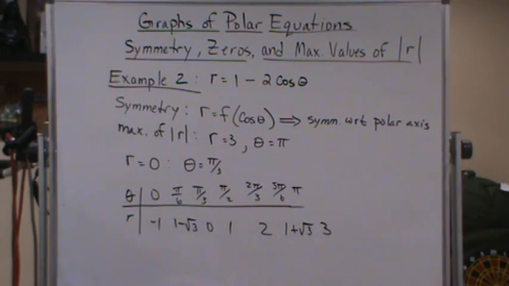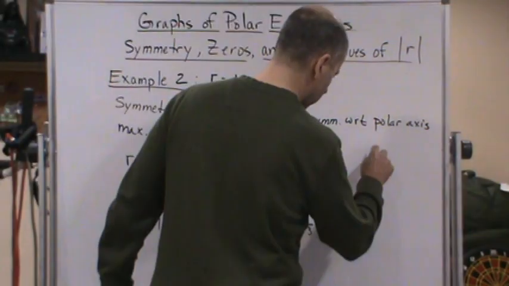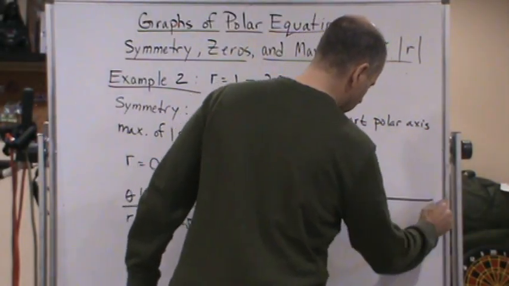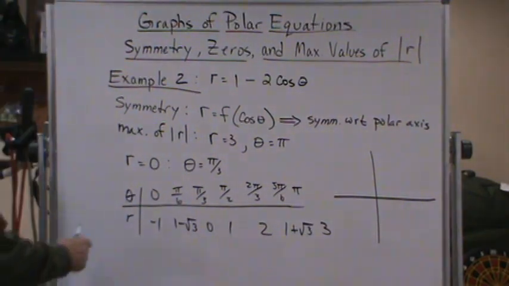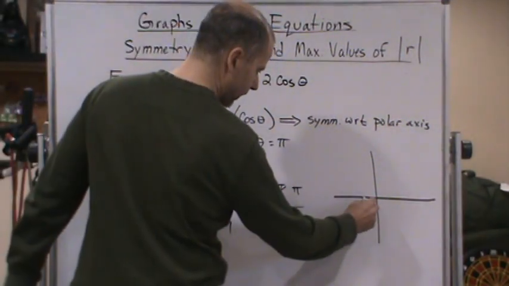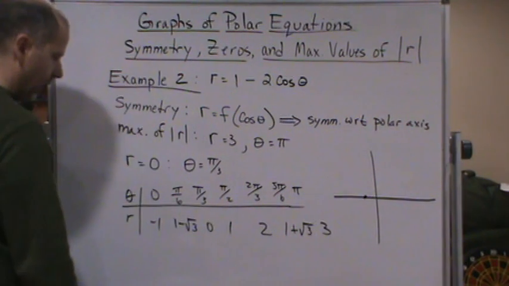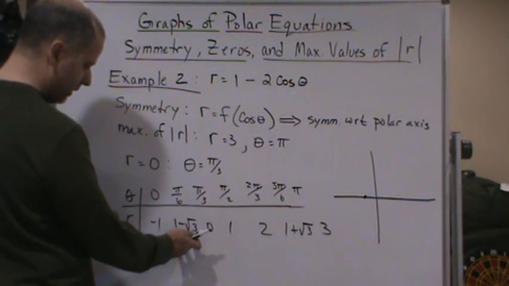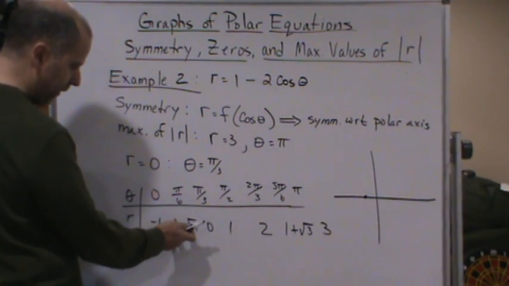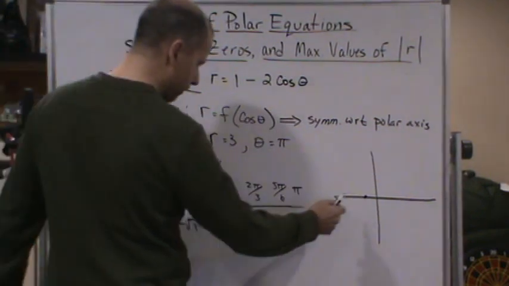And so if we sketch that, at 0, we're at negative 1. So we're right over here, let's say. And then we're going to go to 1 minus something more negative than 1, so we're going to be not quite at negative 1.